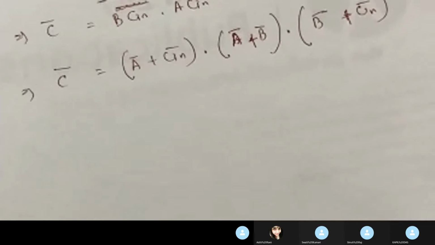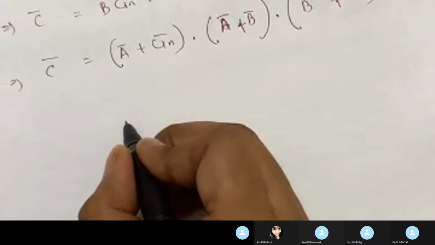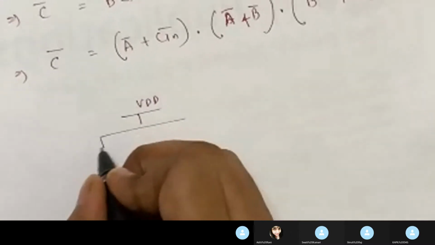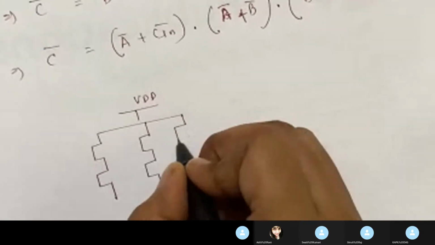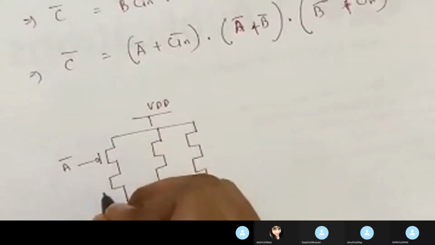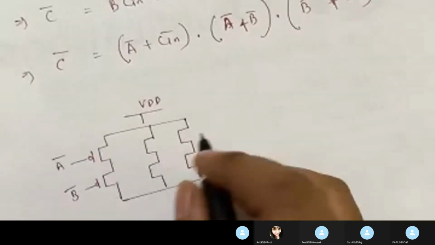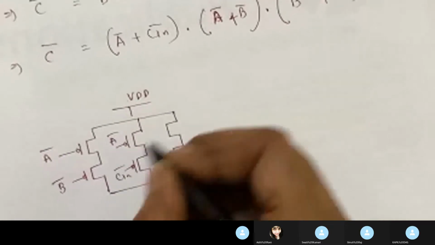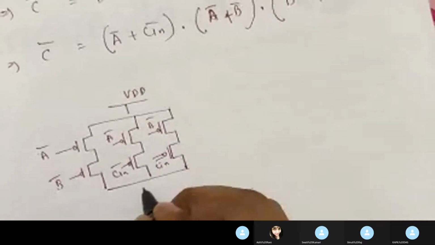CMOS logic पे आप देखिएगा तो यहाँ पे मेरा है दो अलग अलग. First, what we will do? The CMOS logic. This is my VDD. This is A bar, B bar, A bar, C in bar, B bar, C in bar.